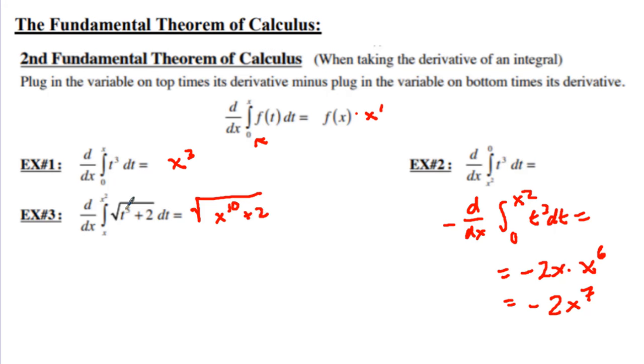Don't forget, we have to do the derivation of this, which is 2x. Okay, and it's subtracting, then we plug in the x right there, and we get x to the 5th power, plus 2. That derivation of x is 1, and that is my answer for the fundamental theorem of calculus. Don't forget that derivation of those values.